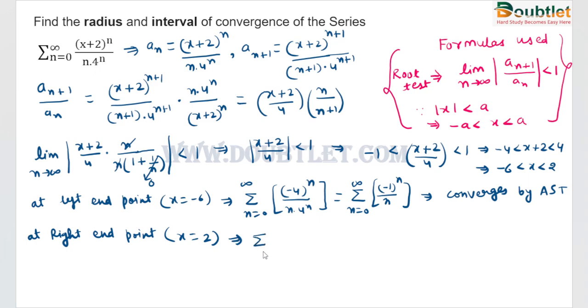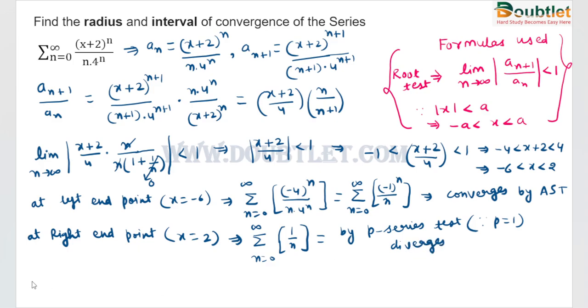So the series becomes the sum of 1 divided by n. Here the power of n is 1. By the P series test, since the value of P is equal to 1, this series is divergent in nature.